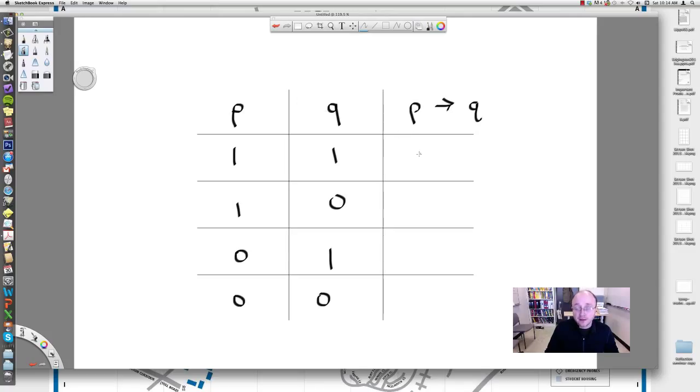And again, the only place where the material conditional comes out false is when you go from true to false, going from antecedent, the first part, to consequent, the second part. So again, here we have 1, 0, 1, 1. All right, so that is the truth table for the material conditional.